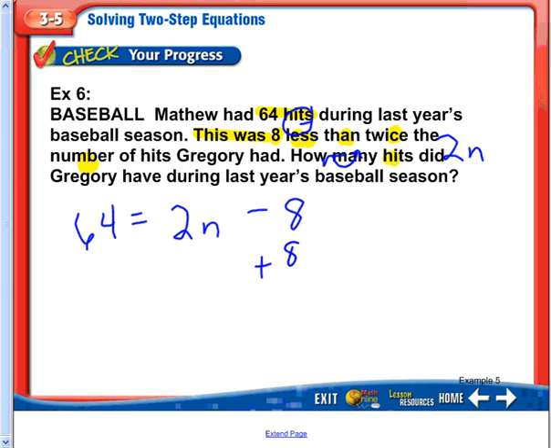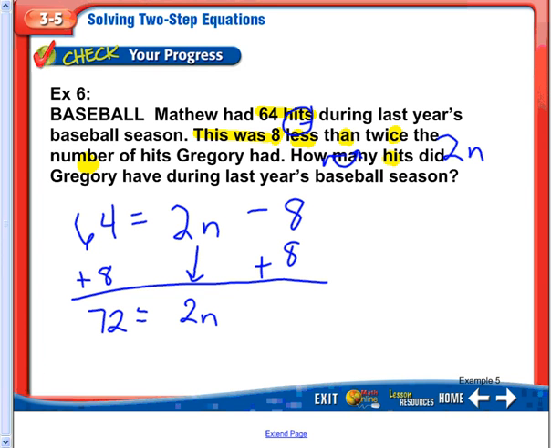Now, step 2 says get rid of any addition or subtraction on the side of the variable. Since I am subtracting 8, I will need to add 8 to both sides of the equation. This will leave me with 2n equal to 72.